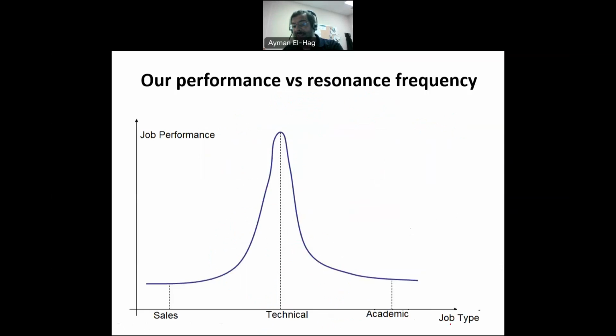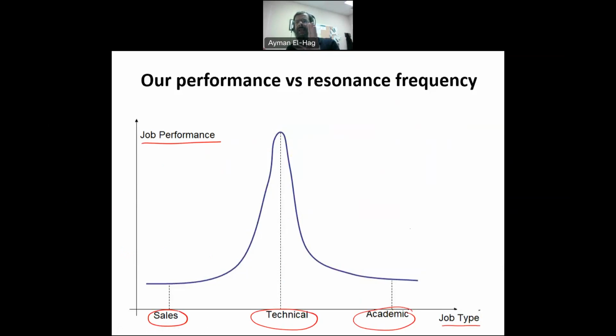So on the x-axis, it will be the job type. We have many jobs for engineers. Could be sales, technical, or academic, if you want to continue and do postgraduate studies. And the y-axis is your job performance. What I strongly believe is that there are certain jobs, which are your resonance frequency, where your performance will be at its best.